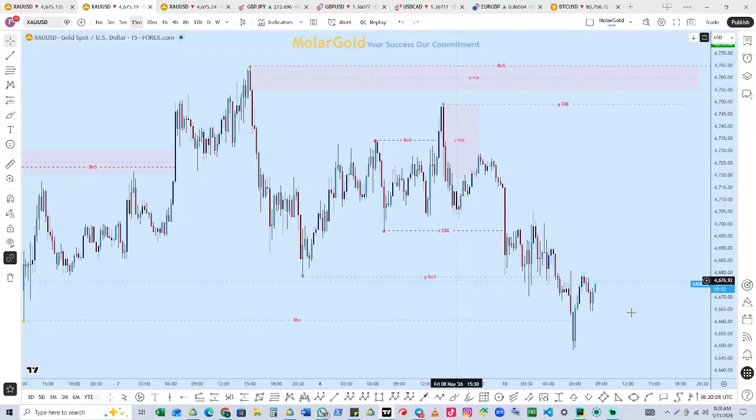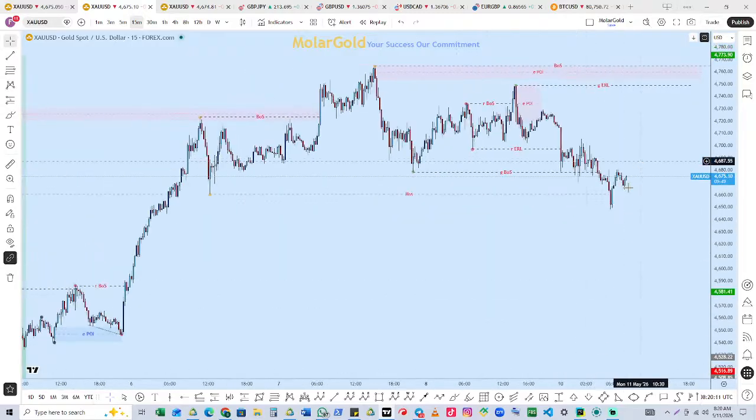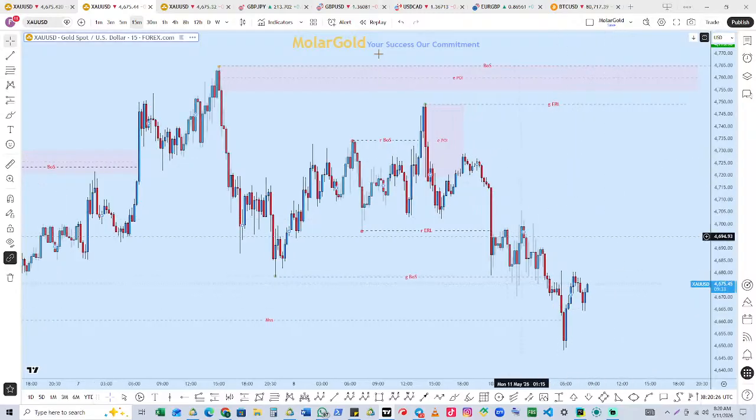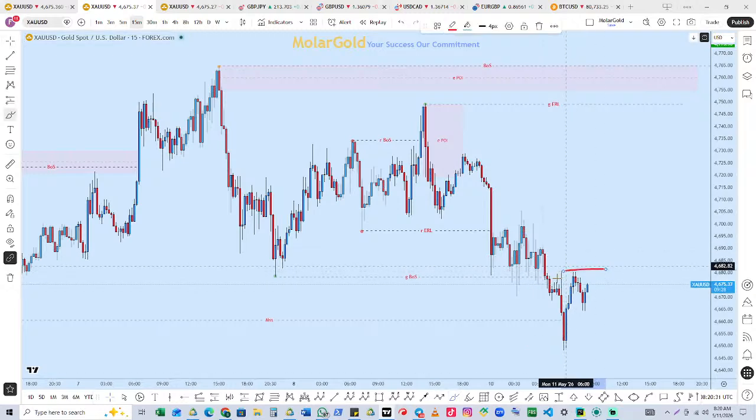But we don't do that because on this trade the stop loss is too big. So we need to reduce the size of the stop loss, and that is what is going to happen. Currently this candle is the inducement. Once we take this inducement, we confirm this swing low.